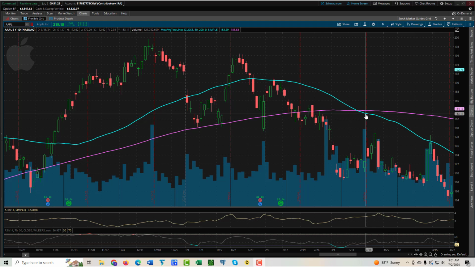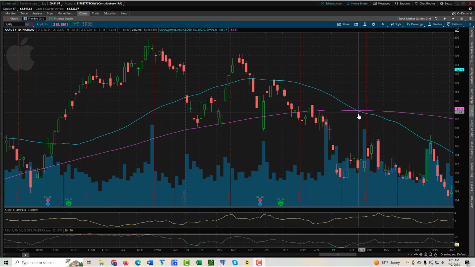So if you see a death cross on a chart, there's this idea that perhaps the stock price is going to keep going down, that there's downward momentum. That's at least some of what I would call public perception of what a death cross signals or what it could mean.